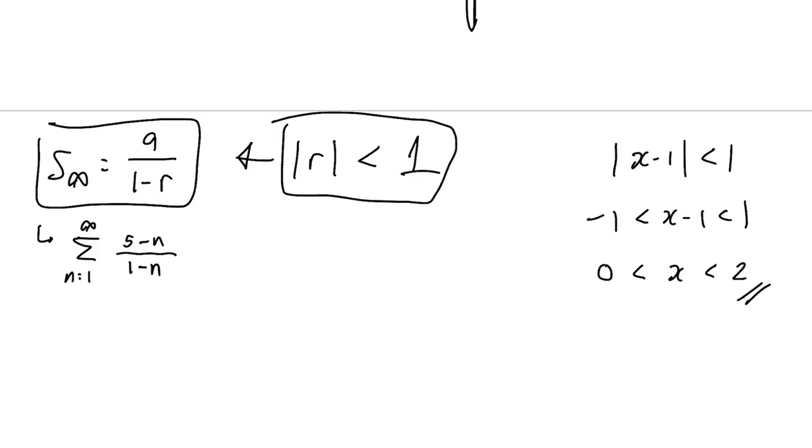Anyways, let's say we got this sequence here with an infinity at the top. What does it mean? It means you want to take the limit of the summation of n equal to 1 to, let's say, okay, I don't use n. Let me change this to another letter. Let's say I use i.